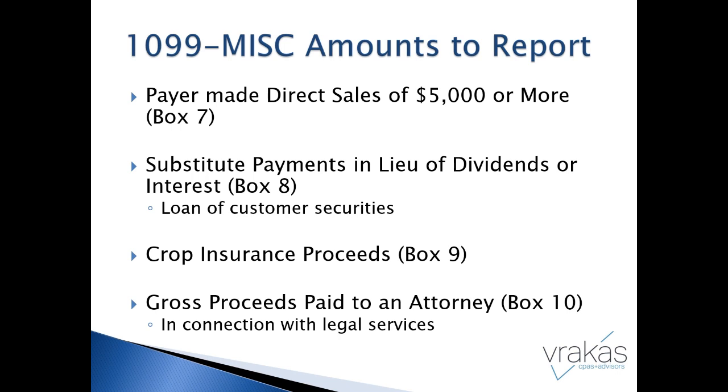This is specifically for proceeds you pay to them regarding a settlement. And this is also one of the exceptions, again, for the corporations. You always issue a 1099 to an attorney, whether it's a corporation or a partnership, as long as it's $600 or more.